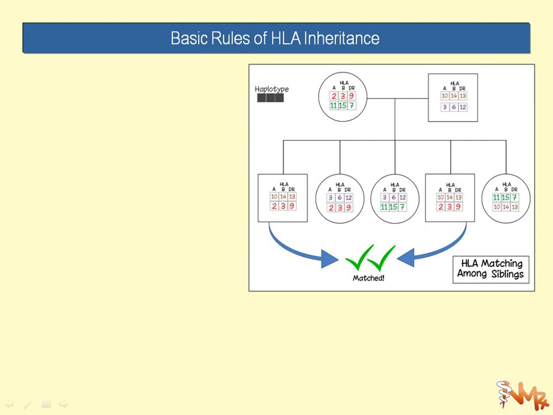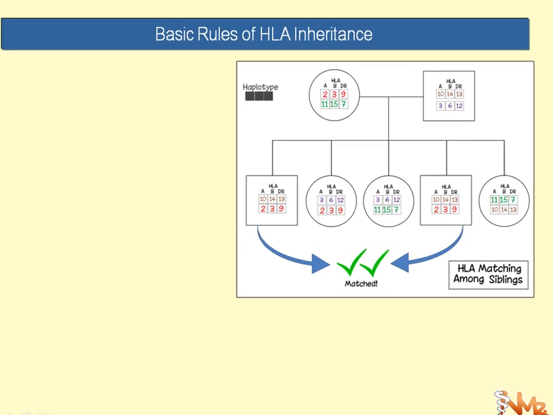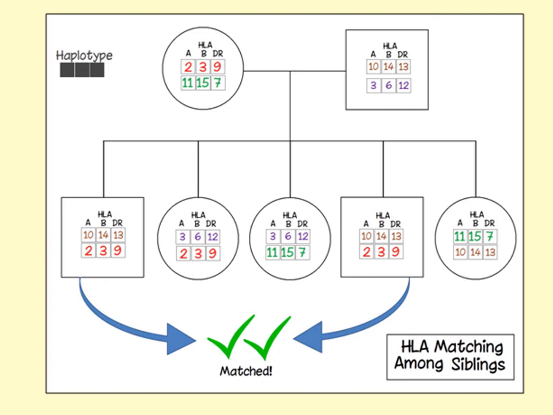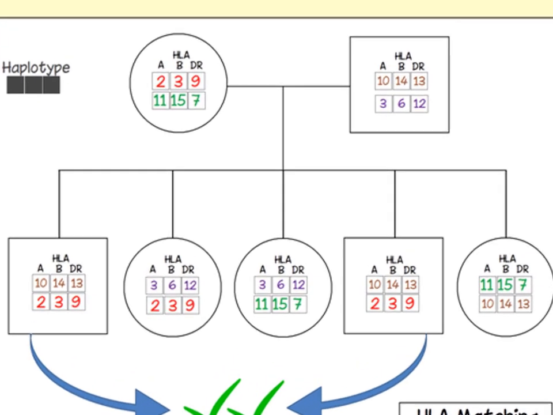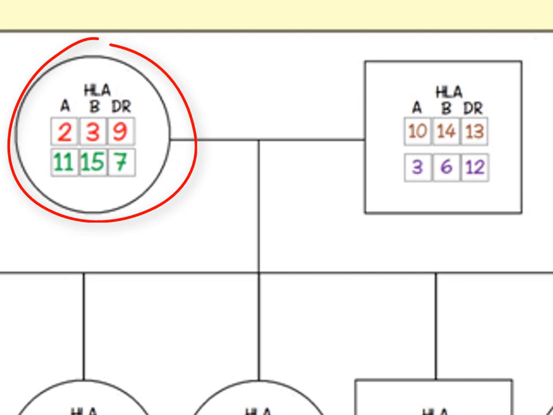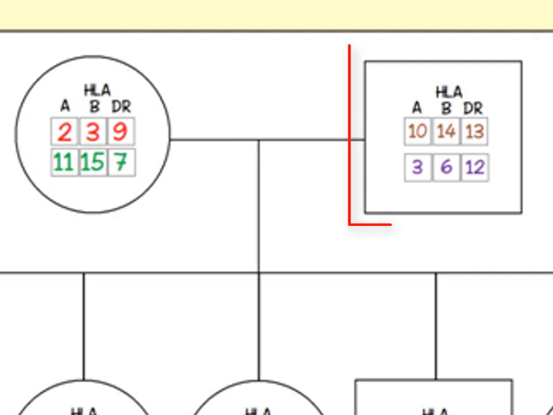Let's look at the basic rules of HLA inheritance. I'm showing an example in here. I'm showing the two haplotypes from the mother and two haplotypes from the father. I've just numbered, suppose these are the gene positions for A, B, and DR. For instance, 2, 3, 9 is one of the haplotypes, the other one 11, 15, and 7, and for the dad it is going to be 10, 14, and 13.